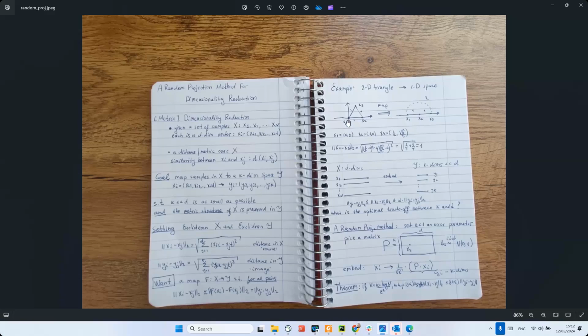Because what are the use cases of dimensionality reduction? We have high dimensional data and we have some problem we want to solve on the data. So what we do in many cases, we just reduce the number of dimensions into a smaller number. And now we try to solve our original problem on the reduced number of dimensions, right? So it depends what the problem is we are trying to solve.